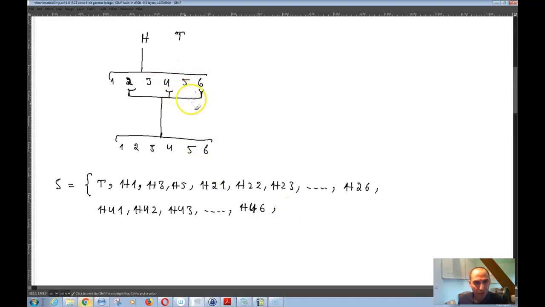And then you have H61, H62, H63, and all the way up to H66. And that's the sample space for this experiment. Of course, over here you can fill these with the rest of these values, but I suppose that's not a problem.